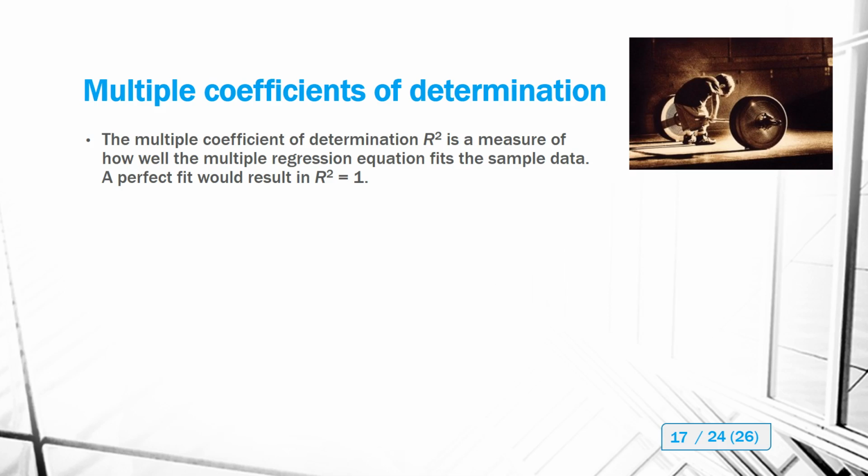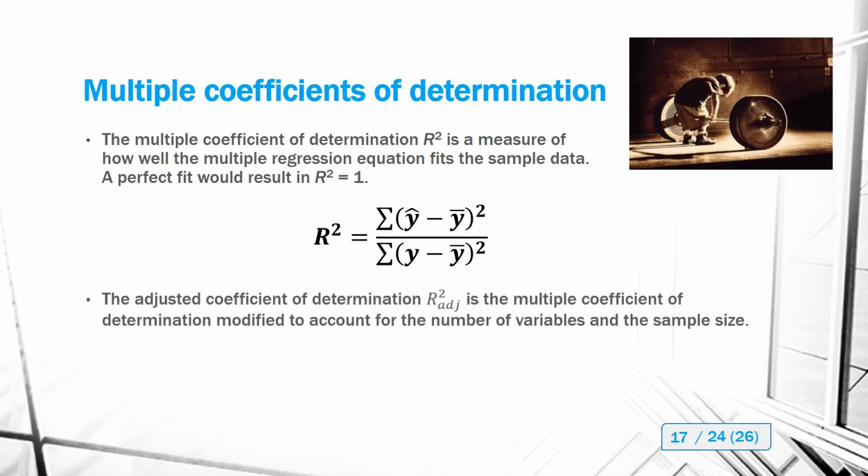So a perfect fit for the data would give us an r-squared value of 1. Here's the equation for calculating r-squared. Notice it's the same as what we saw before for the single coefficient of determination. There's no difference there. But we have another r-squared value listed, which is the adjusted coefficient of determination, or the adjusted r-squared value.